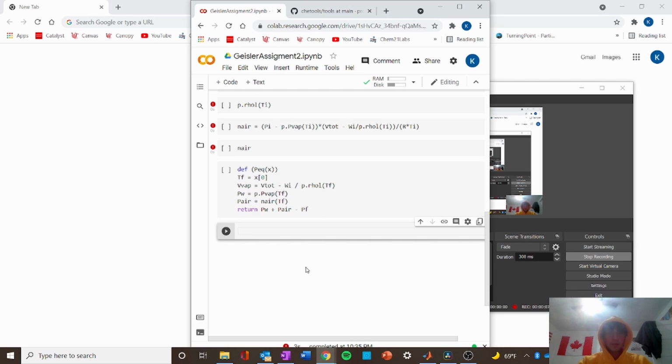Next, we need our root of the PEQ that we just defined, which is going to be our X, and then our y is going to be our TI.